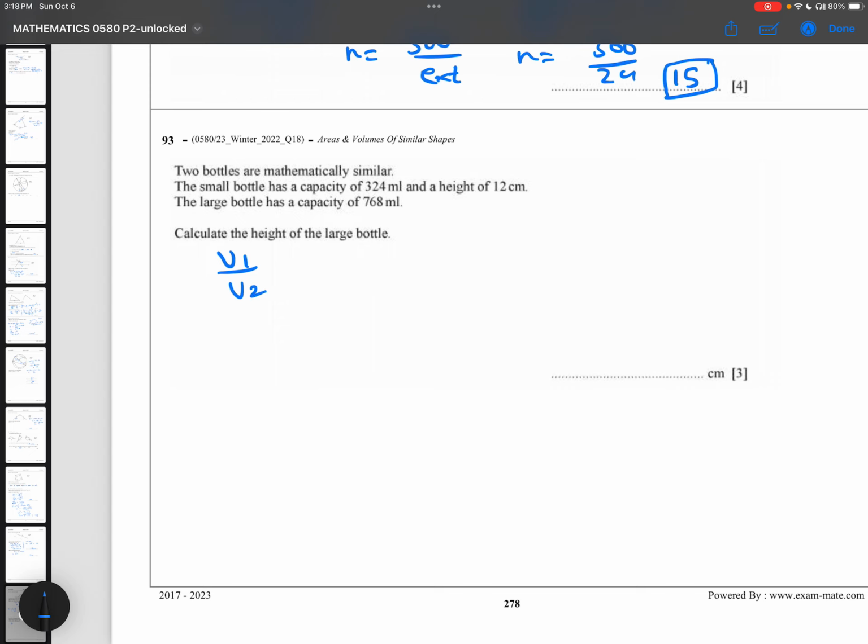V1 upon V2 is equal to (H1 upon H2) whole cube. So let's take V1 to be the larger bottle, it has a capacity of 768, and V2 to be the smaller bottle that has a capacity of 324.